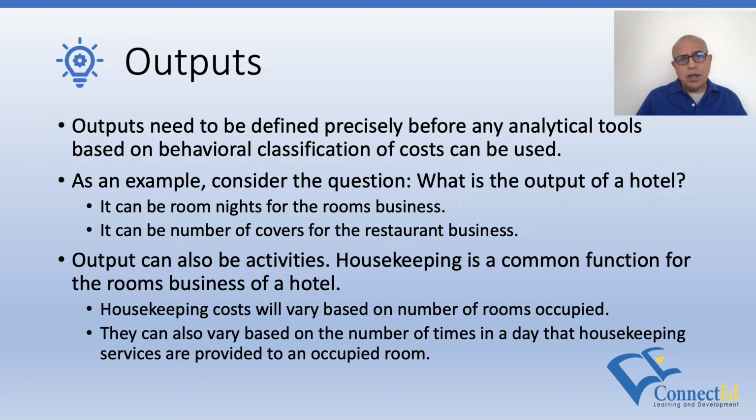housekeeping for a hotel is an intermediate activity. The ultimate output is provision of a room night to a customer. But these intermediate activities also merit this discussion about cost-volume relationship. So we are now talking about cost-volume, and then of course a third element in that relationship is the profit.